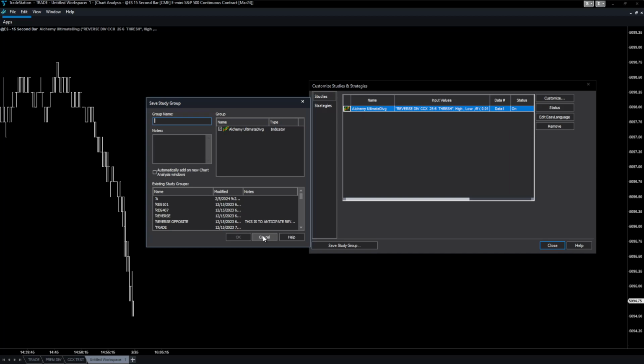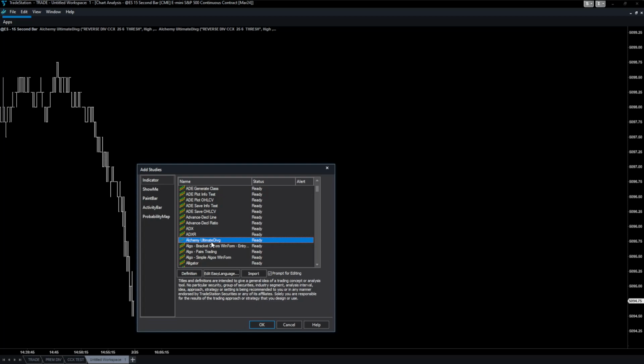Therefore, what you would normally do is go to Add Study here, but the ultimate divergence indicator only has one setting for that particular indicator. And then if you add it that way, now you have to change the settings. So instead of doing that, we create a study group.